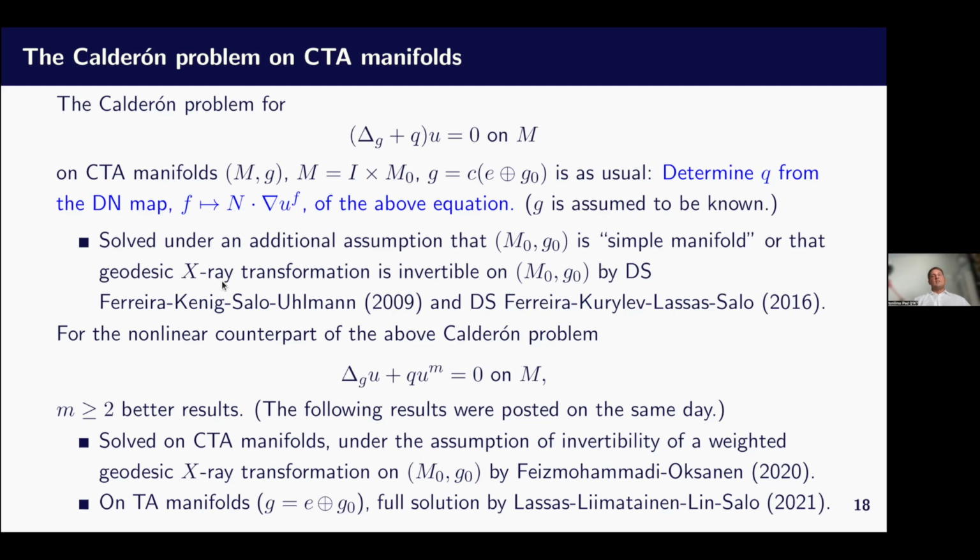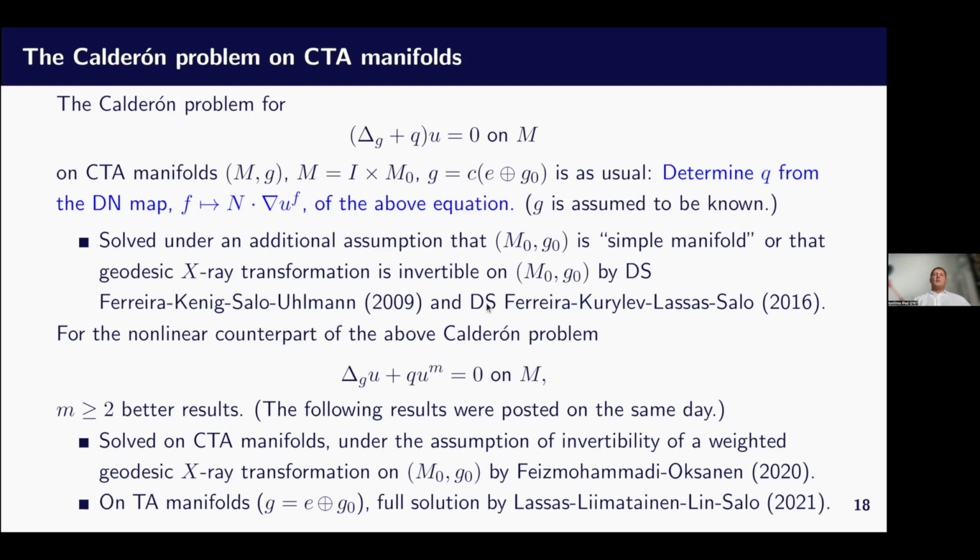The geodesic X-ray transformation is sort of like a curved version of the normal X-ray transformation. The people who solved these problems were David dos Santos Ferreira, Kenig, Salo and Uhlmann, dos Santos Ferreira, Kurylev, Lassas and Salo, 2009-2016. These results are sort of the best results for the equation Laplace_g u plus Q u is 0.